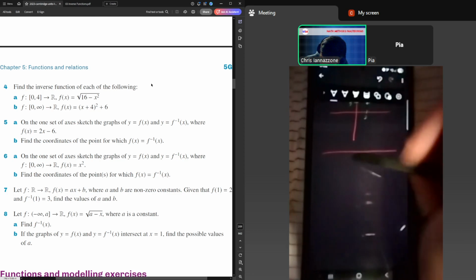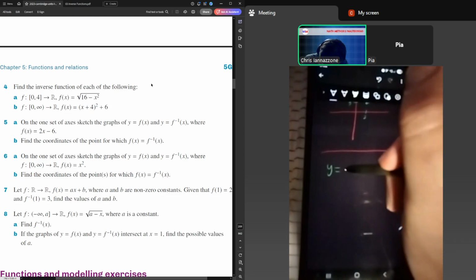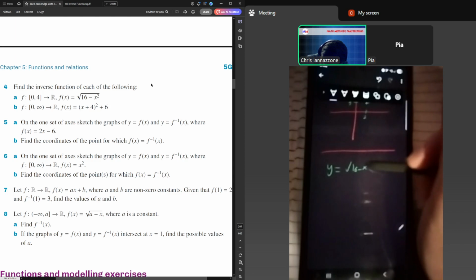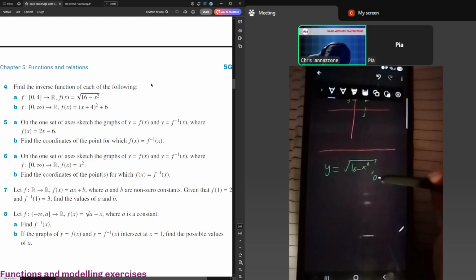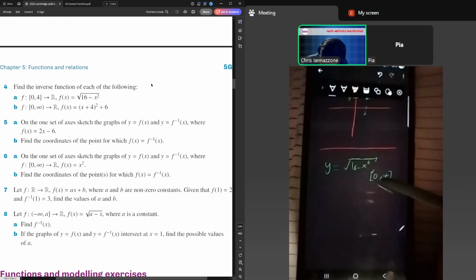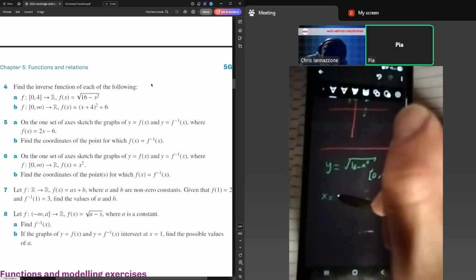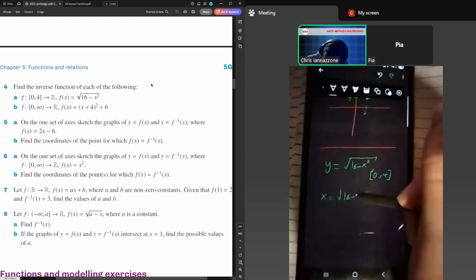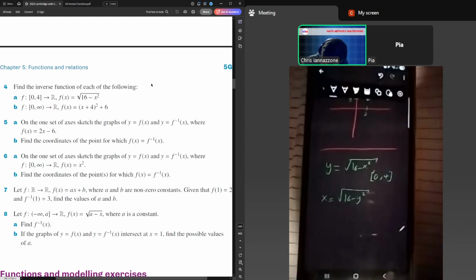Let's find out. So if we have y equals the square root of 16 minus x squared, and we're going to do that from 0 to 4. First things first, what are we going to do? Swap the y and x. Yep. And then rearranging. So how's that going to work?